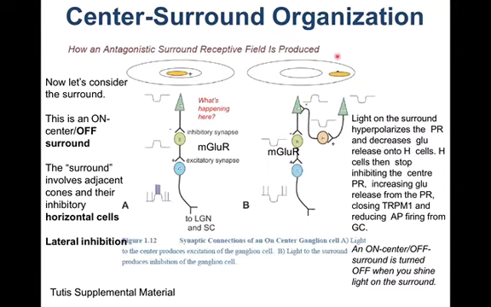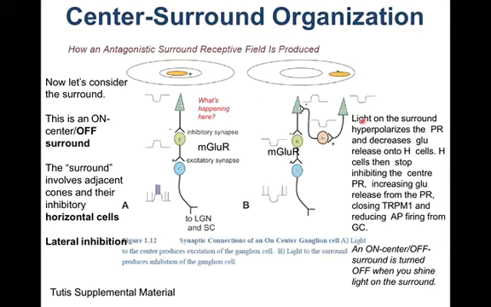Okay, so if we were to shine light on the surround, cone cells here are excitatory. Cones, as cones do, release glutamate. Horizontal cells are GABAergic. They release GABA and they inhibit central cones. So if you were to shine light on the surround, as always, you will hyperpolarize your photoreceptor.